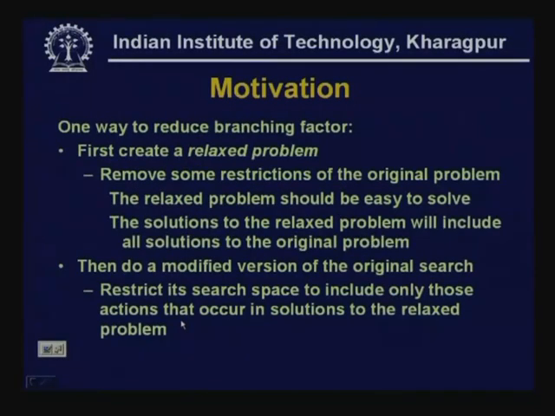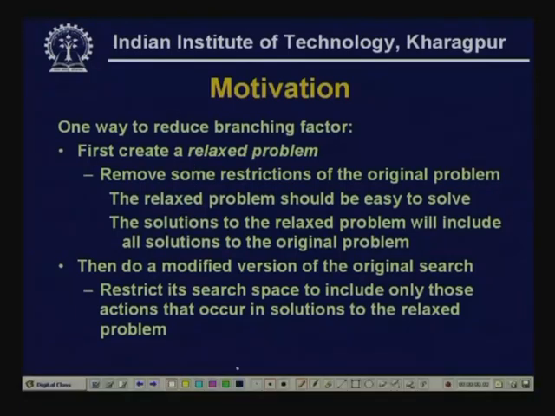Now, one way to reduce the branching factor is as follows. First, you consider a relaxed problem. So, given the original problem, you take a relaxed version of the problem where you let go of some of the constraints, that is, you remove some restrictions of the original problem, and the relaxed problem that you get should be easy to solve, and the solution to this relaxed problem will include the solution to the original problem.